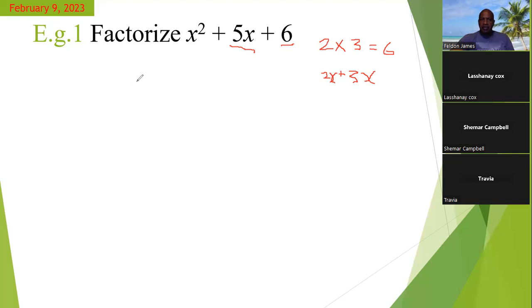So we will rewrite this now as x squared plus 2x plus 3x and then plus 6.